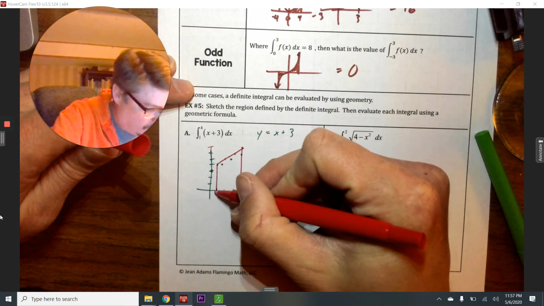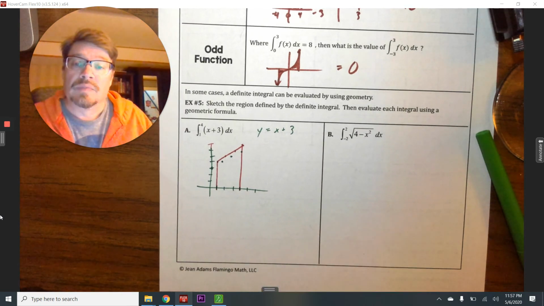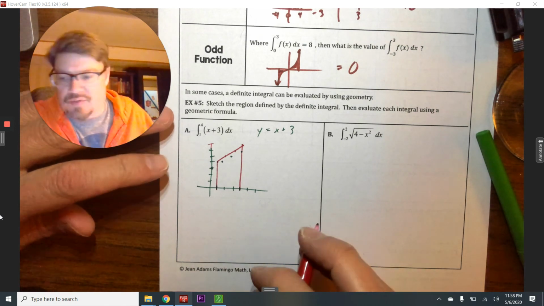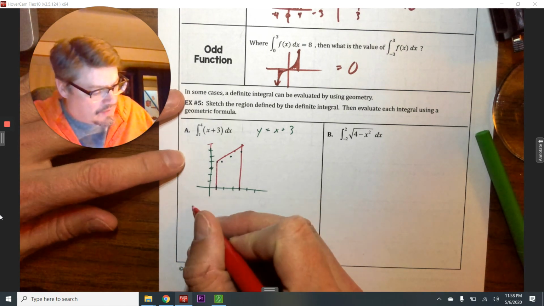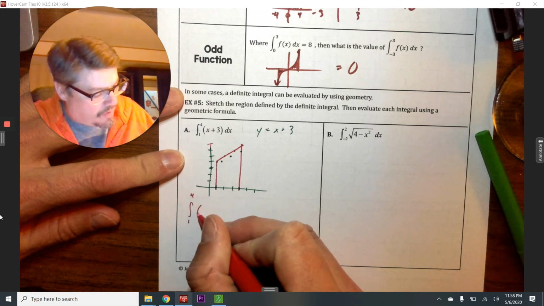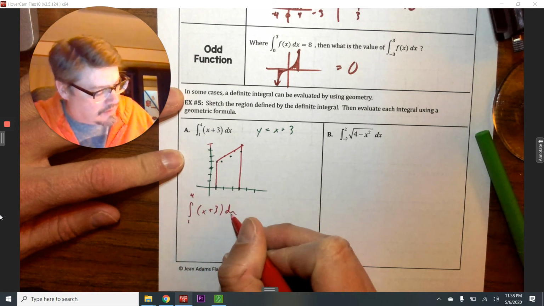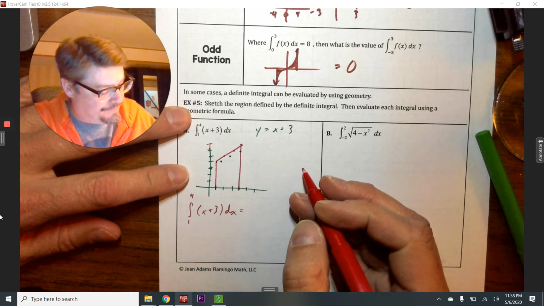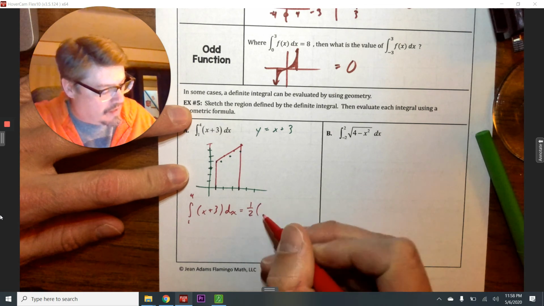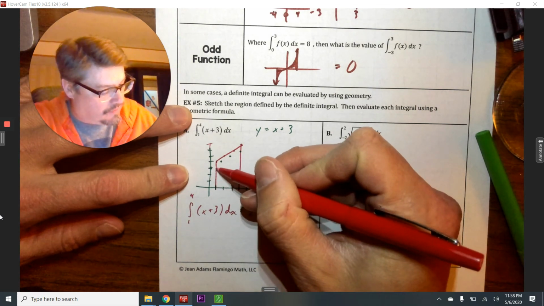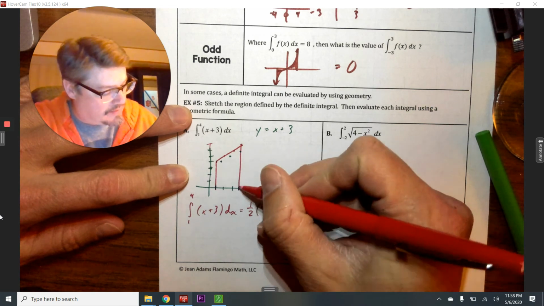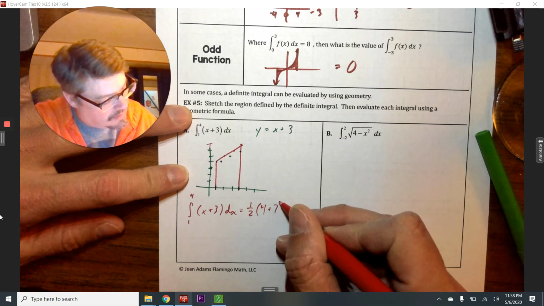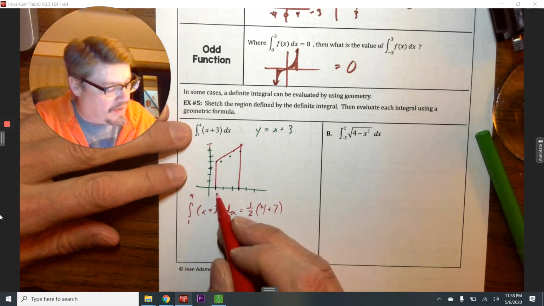We want that area, and we can just use geometry to do this. This is a trapezoid. So the integral from 1 to 4 of x plus 3 is actually half of this base, which is 1, 2, 3, plus 4, 5, 6, 7, multiplied by the height, 1, 2, 3.